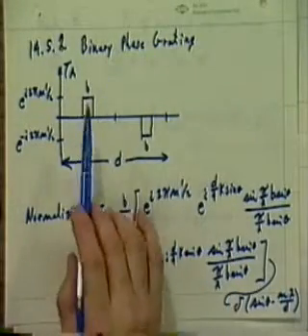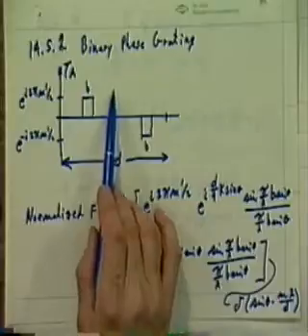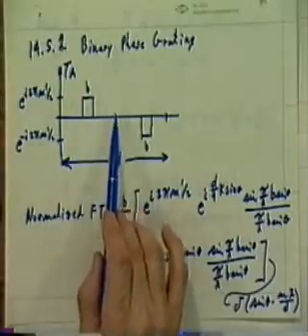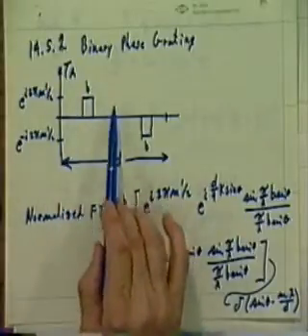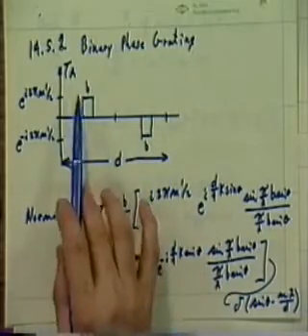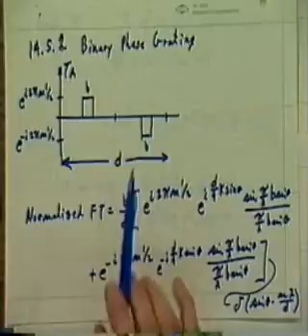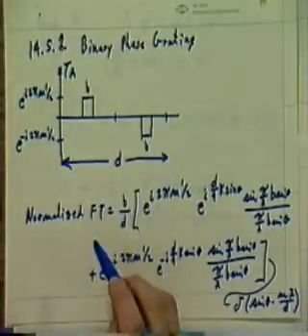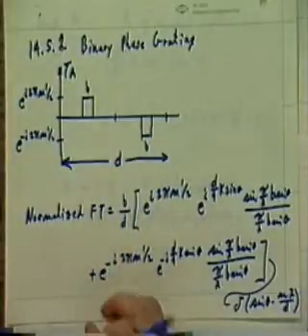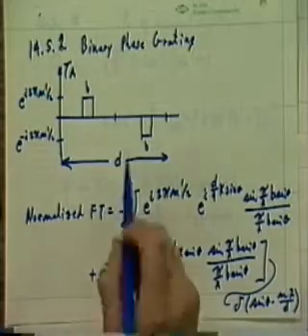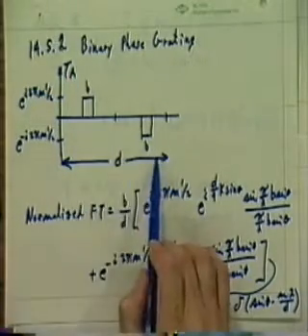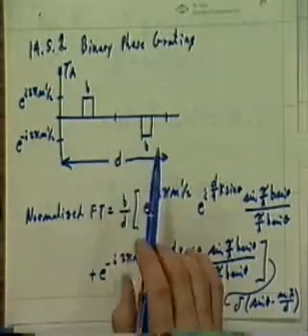What I would guess here is I would make these half, and I would make the phase difference... What would you guess for the phase difference to get the maximum amount of light in the first order? 90. Well, one would be plus 90 and the other would be minus 90, so it's going to be 180 degrees.